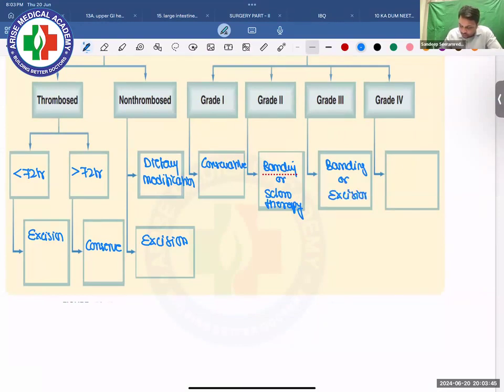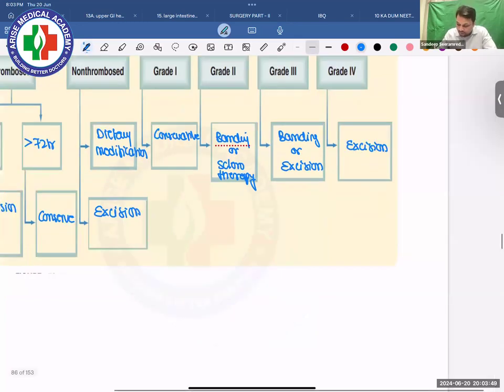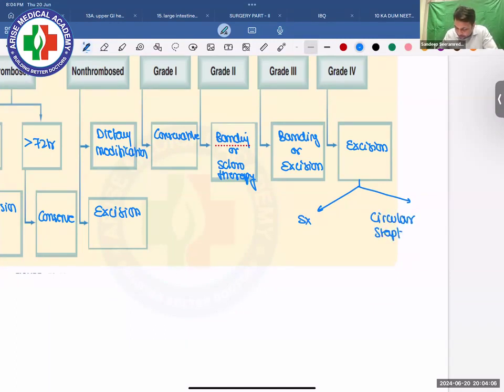Grade 4, we will prefer excision. Now, excision of hemorrhoids can be of 2 types. One is the open surgical technique, another one is using a circular stapler. This is a circular stapler hemorrhoidopexy.